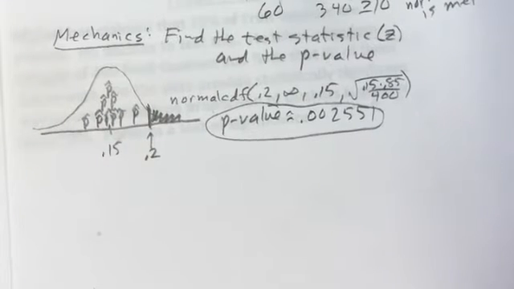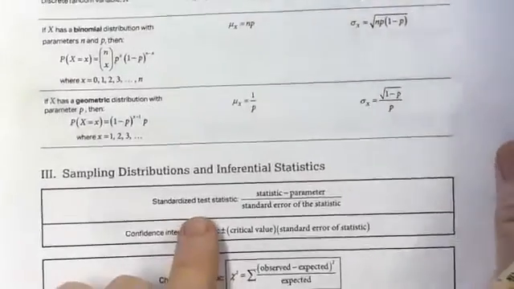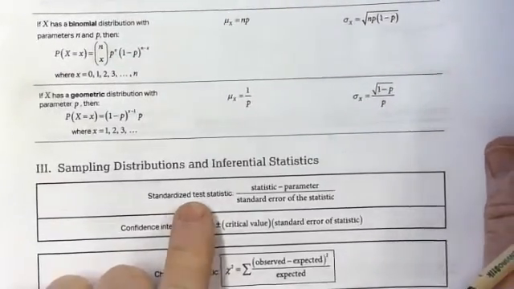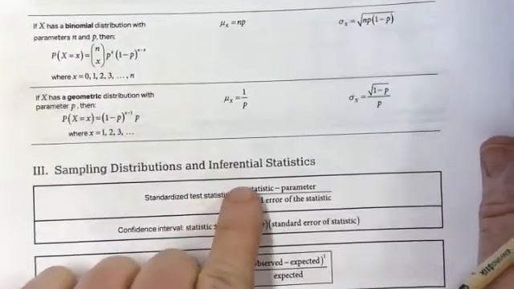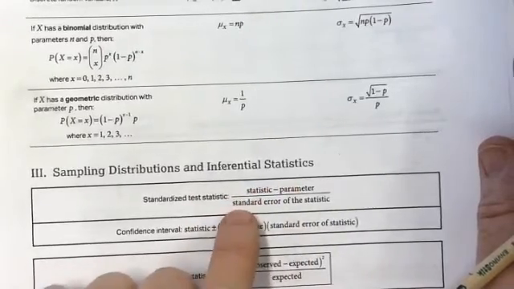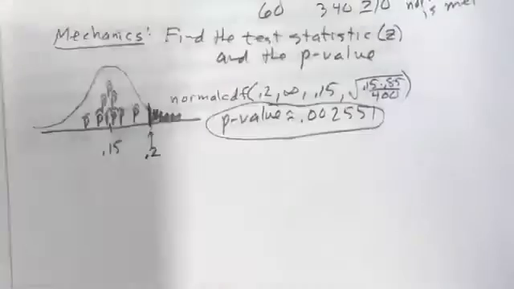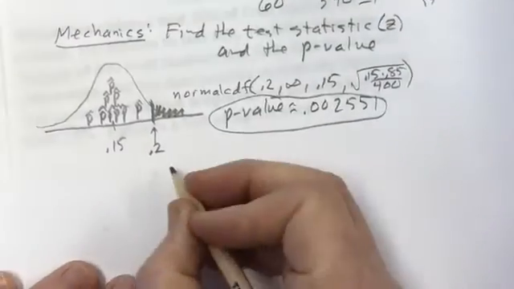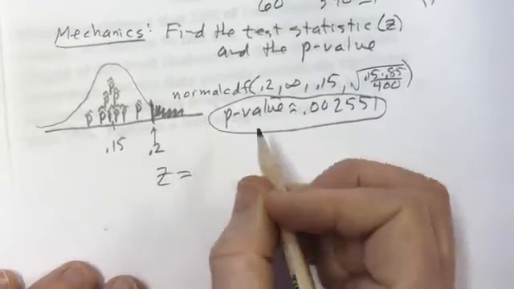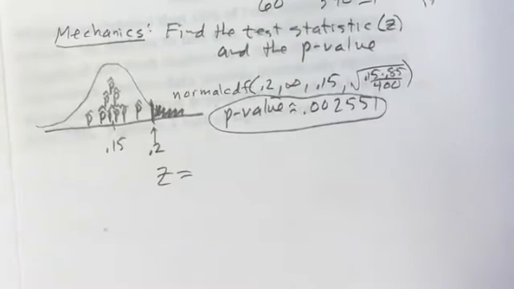And so our test statistic, and let me show you on your formula sheet, your standardized test statistic, it is in essence going to be a z-score. It is going to be your statistic minus your parameter over the standard error of the statistic. So our statistic is z. And so it's going to be z, okay? Now, that is our test statistic.